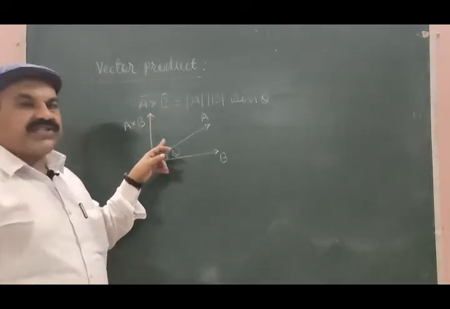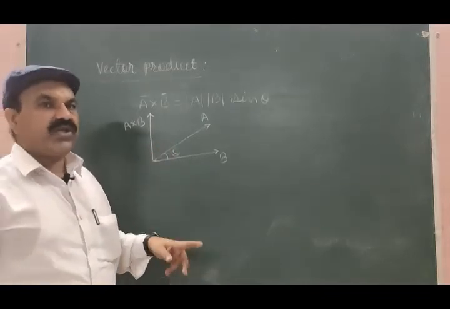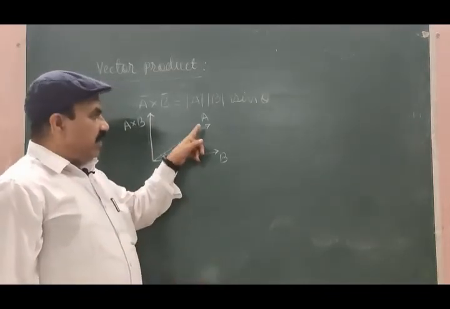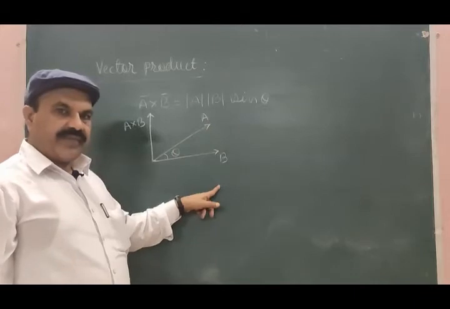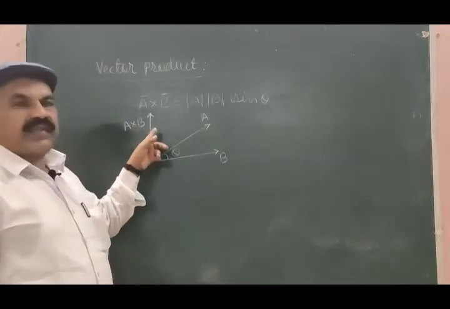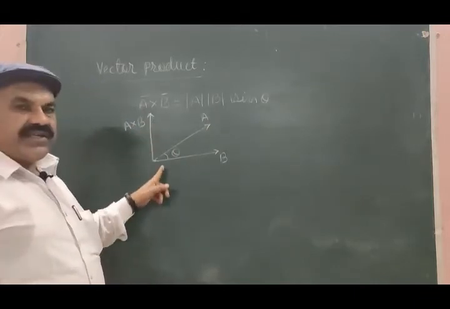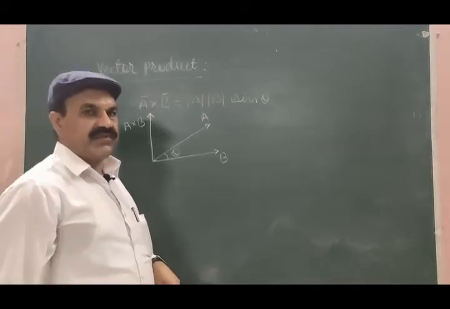A cross B is the cross product or vector product of vectors A and B. Then A cross B is given by this direction.